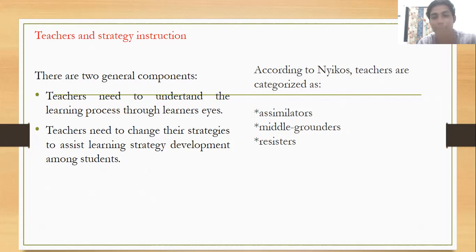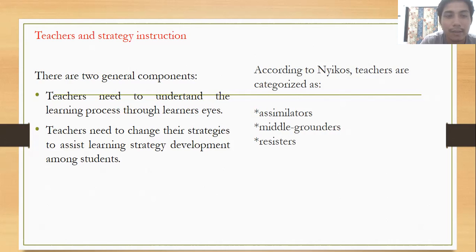Also, we see here that according to GCOS, teachers could be categorized as assimilators, middle grounders, and resistors. The assimilators are the ones who effectively adapt their teaching practice to promote strategy instruction. The middle grounders are those who manage the conceptual shift to a certain extent, but not entirely.